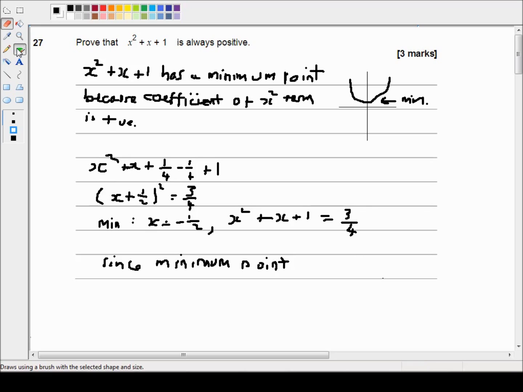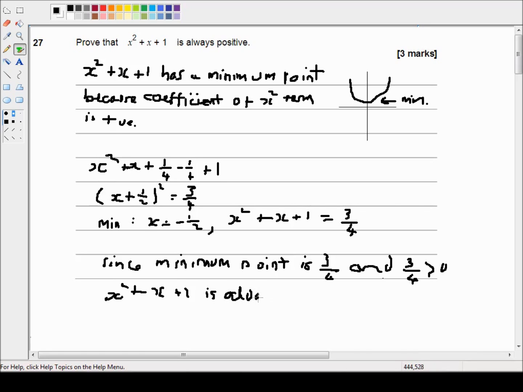I'm going to say, since the minimum point is 3/4 and 3/4 is greater than 0, x squared plus x plus 1 is always positive.